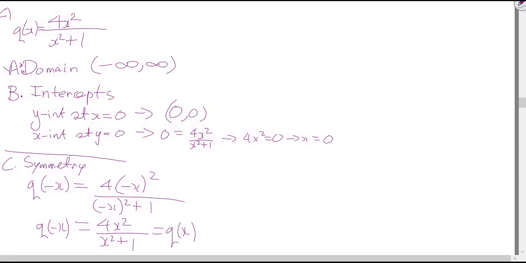Even? So it's a reflection about the y-axis.